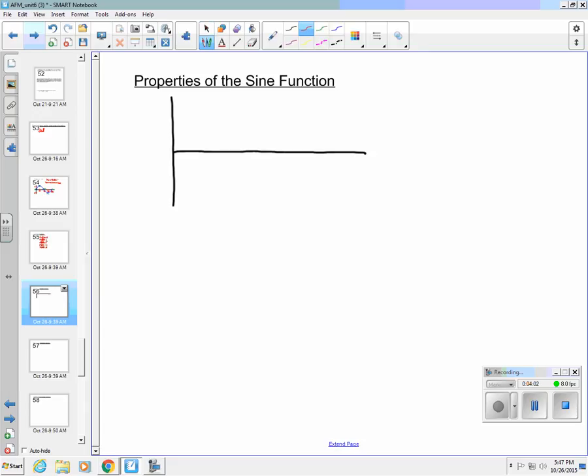So I'm going to put a picture of our sine graph up here again. And let's talk about some properties for the sine function, such as we have for other parent functions.